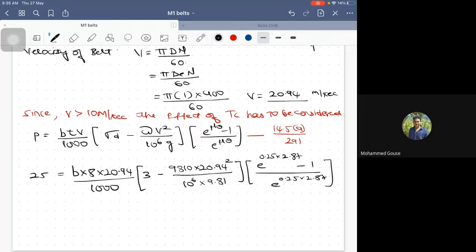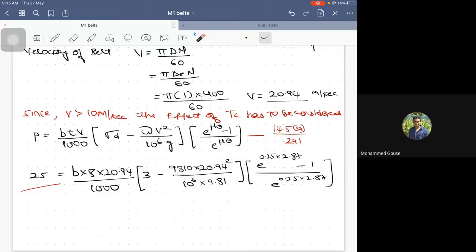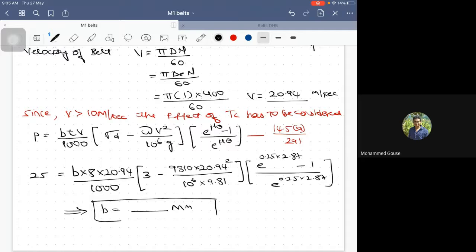So just try to solve this. First divide 25 by this whole lot of numbers, then you can solve it easily. From this, what value of B do you get in mm? 113.78.